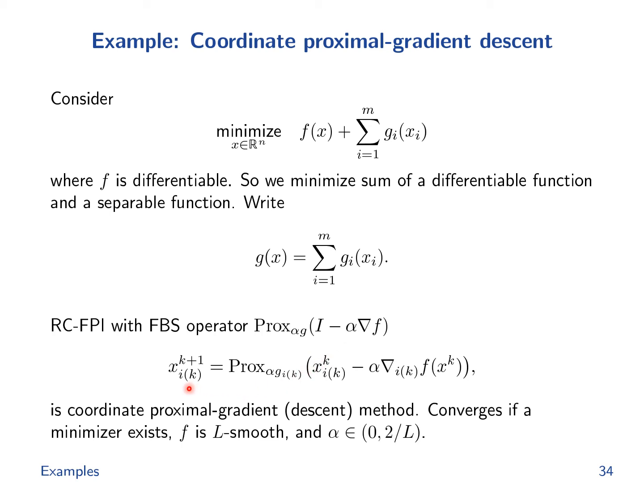So to update the i_k-th block, we only need to calculate prox of g_ik applied to its input. And this input takes the i_k-th block of identity and the i_k-th block of grad f. Altogether, we obtain this coordinate proximal gradient descent iteration. Now, this iteration converges if a minimizer exists, f is L-smooth and CCP, and all g_i's are proximable and CCP, as well as requiring alpha less than 2 over L.